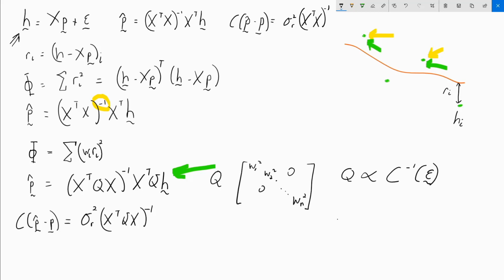That is, Wi, the weight associated with the ith observation, is proportional to the standard deviation of measurement noise associated with that observation raised to the power -1.